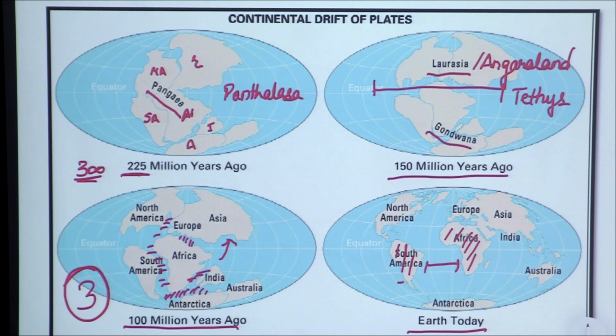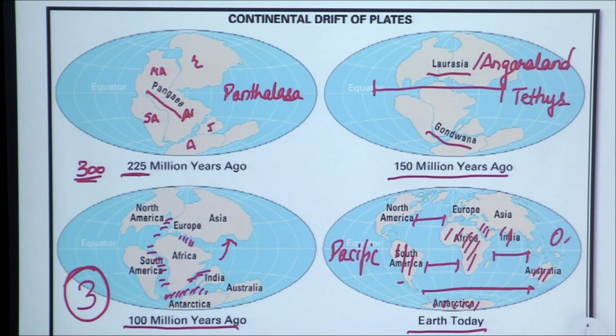Arabia and India detached from Africa and buckled up with Eurasia. Antarctica is in the South Pole and Australia here. So Southern Ocean, Indian Ocean, Atlantic Ocean automatically resulted in contraction of Panthalassa. So Pacific Ocean, the largest ocean of the world, is the example of contracted Panthalassa.